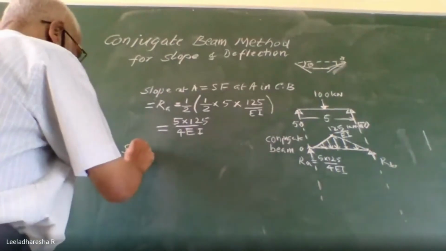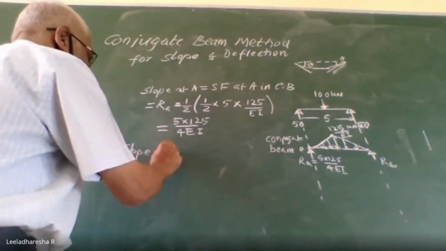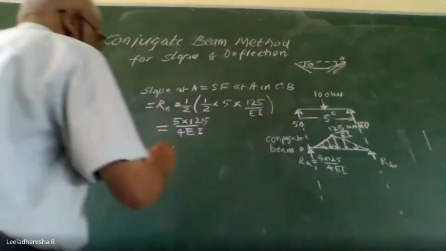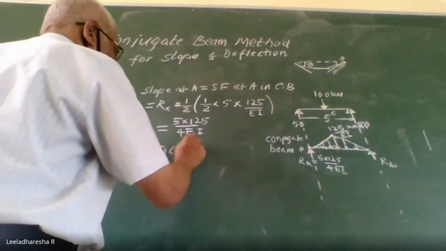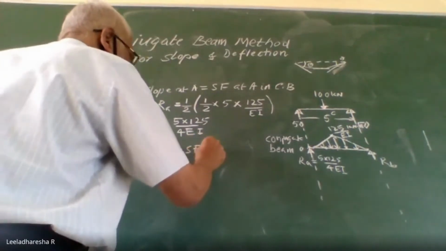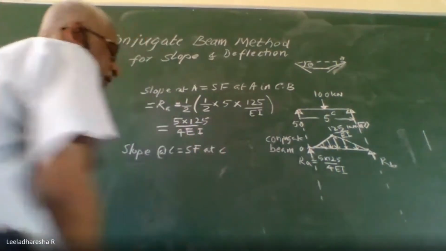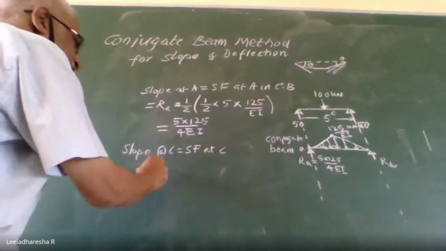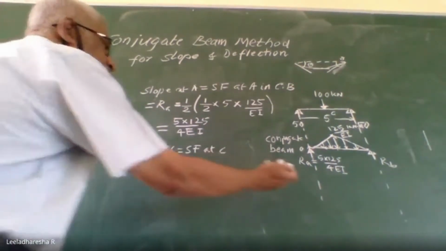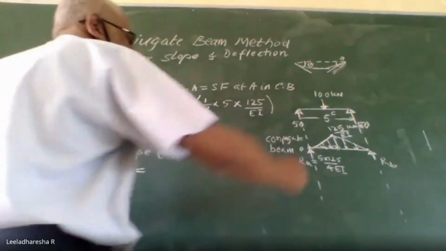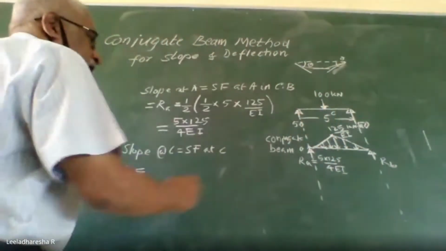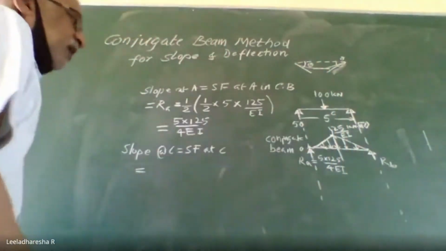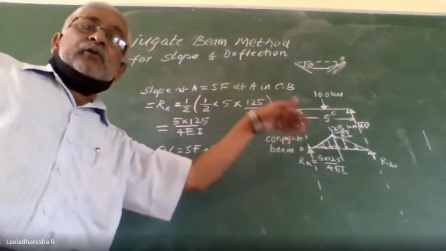Slope at the center, I call this point C, is equal to shear force at C. Shear force at C is equal to RA, take it as positive, and the triangular load to the left, you take it as negative, because it is acting in downward direction.